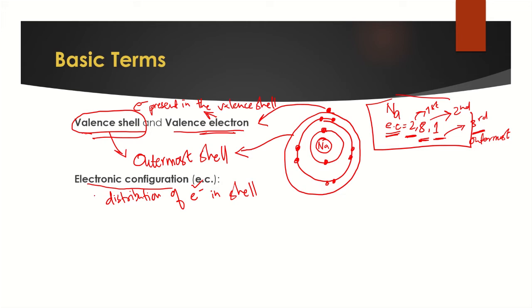So this is what we call electronic configuration. Now to distribute these electrons, we need to follow a rule, and that rule is called 2n square. The n here represents the number of shell.